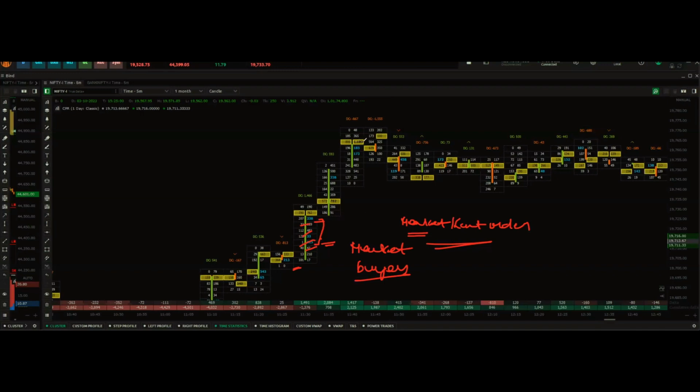Whereas at this particular point, this 1100 order glares at you abnormally. This volume is out of the way when you look at the entire candle structure, and markets struggle to move up after this.